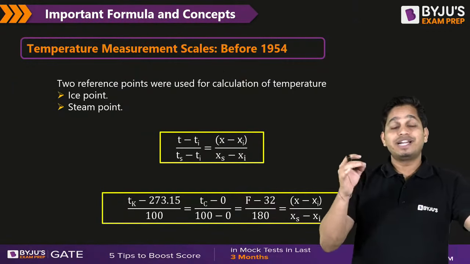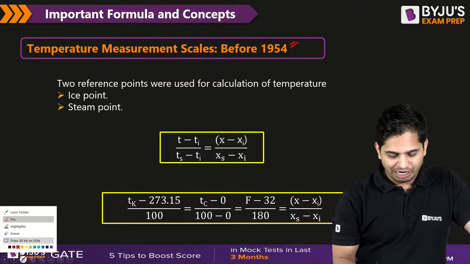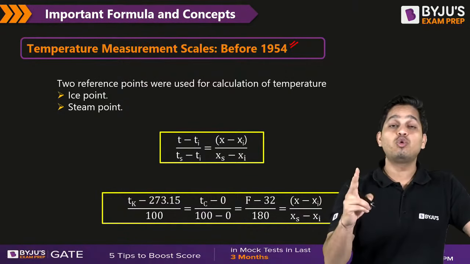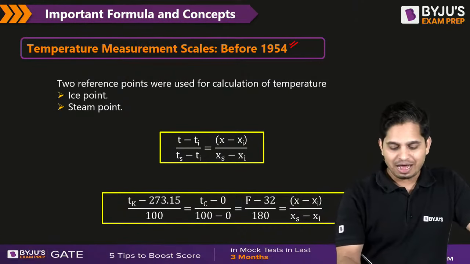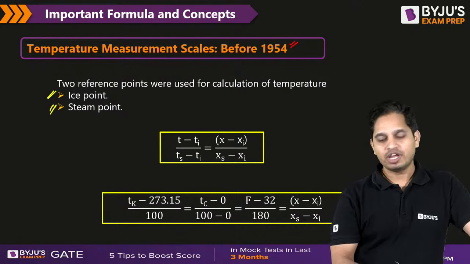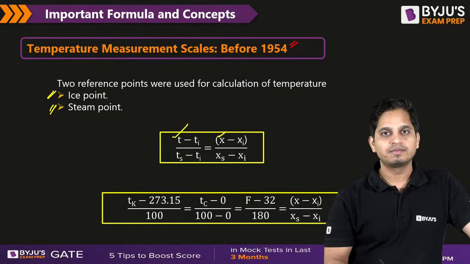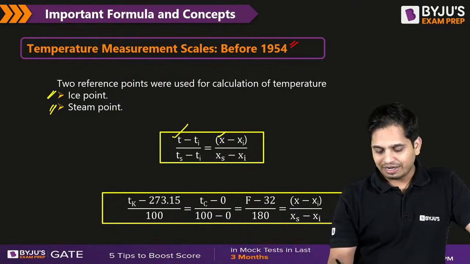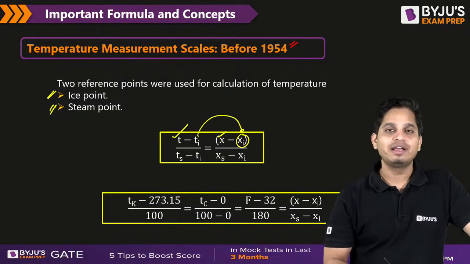So temperature measurement scale before 1954. Before 1954, our temperature scales were based on 2 reference points, ice point and steam point. Okay, so if you have to find a temperature at a particular X, and a specific property at temperature is given at ice point.